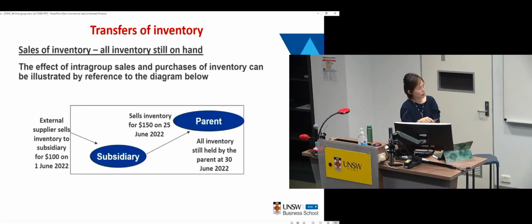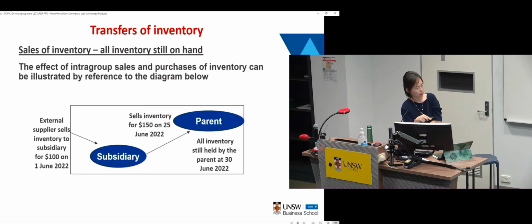Now, we are assuming the subsidiary entity acquires inventory from a party outside of the group, from an external entity, and pays 100. Now, these 100 also represent the original cost of the inventory to the group, right? Then the subsidiary sells this inventory to the parent company for a price of 150.